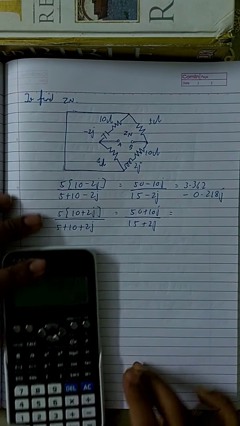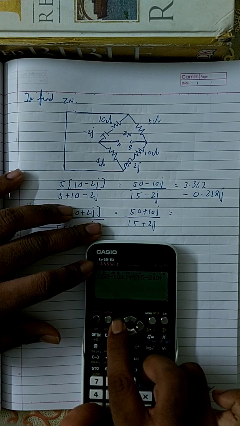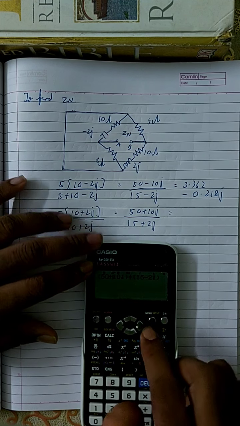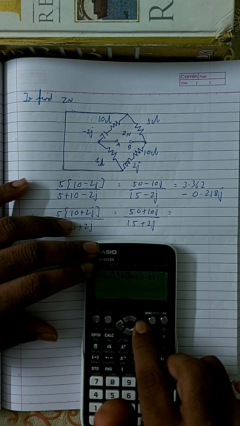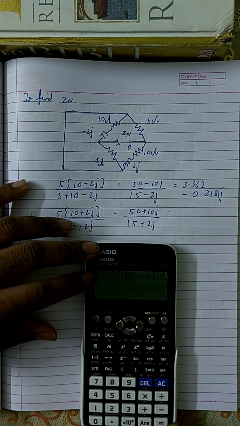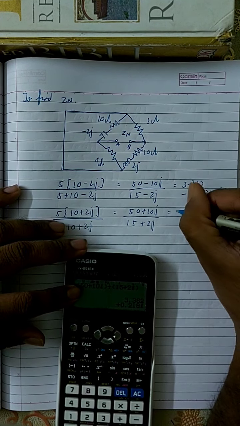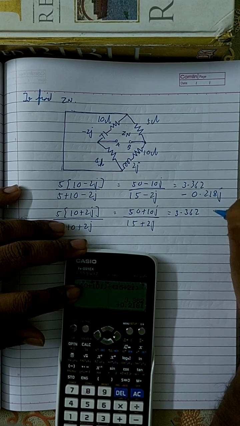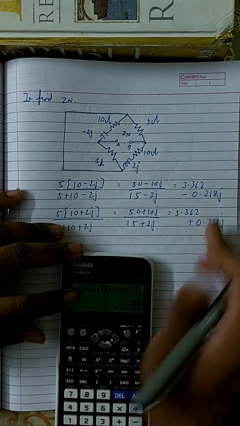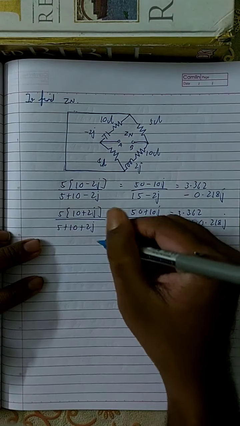Just simply change the sign: 50 plus 10J and 15 plus 2J, and you get the answer as 3.362 plus 0.218J. Oh, how nice. So these are the parallel connection, which means your impedance is now looking like this.